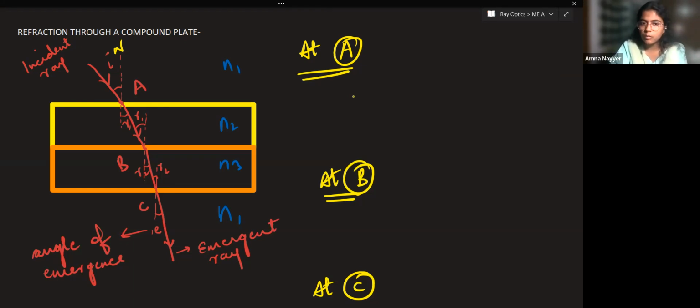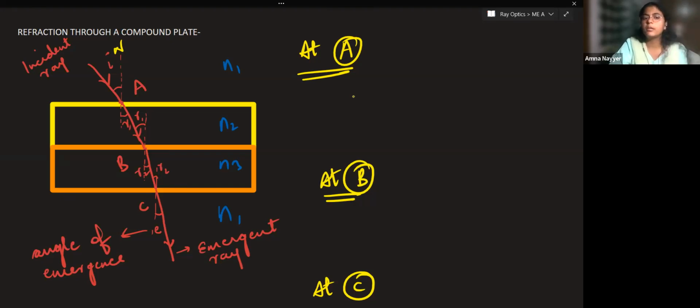This incident ray was to cover a straight path. But now what is happening? This ray of light has bent. Let's say this is R1, the first angle of refraction. Now what will happen? Once this ray of light reaches this point B, this is now acting as an incident ray for this point B. At point A, this was the angle of incidence, this is the angle of refraction R1, this is over.